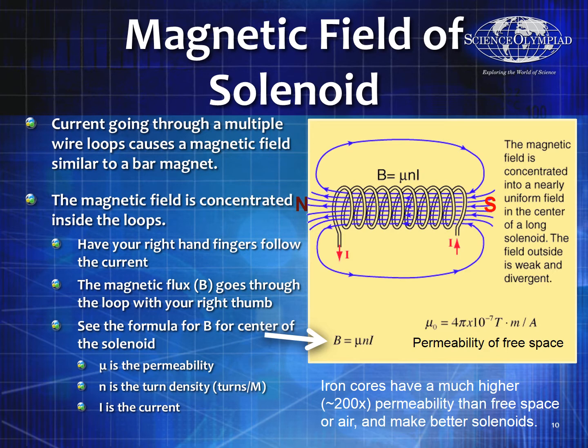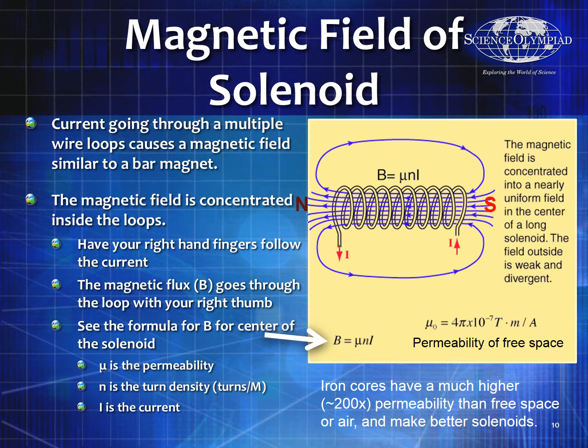I can very easily change it depending on how much current I put in. If I turn the current off, the current drops to 0, and so my magnetic field turns to 0, so I can turn off the magnet. Now, keep in mind, N is the turn density, so it's turns per meter.